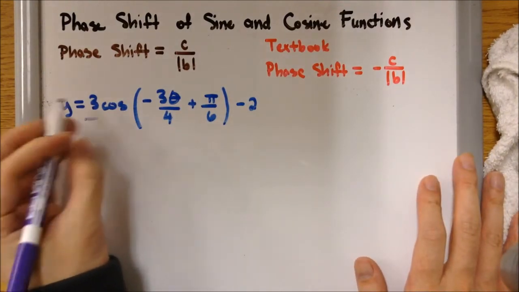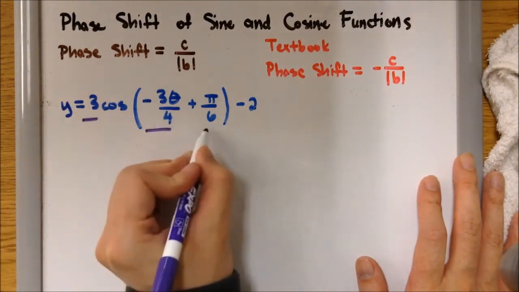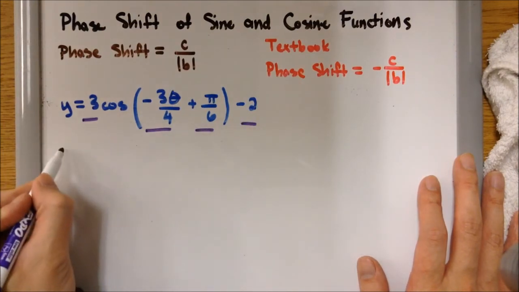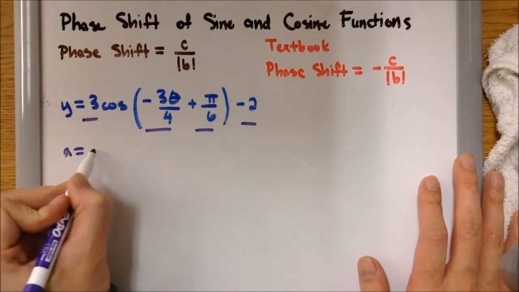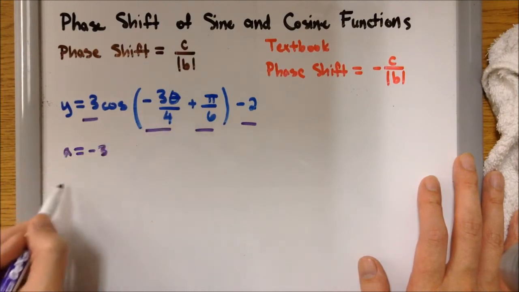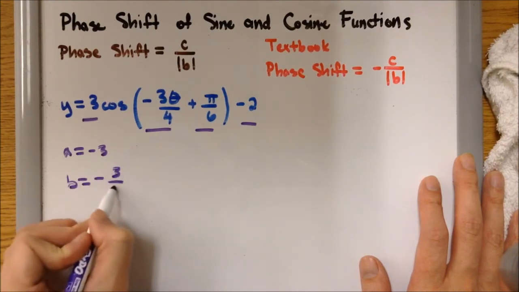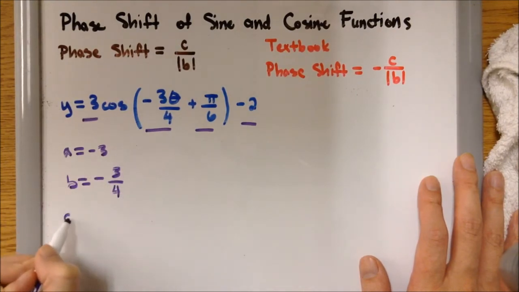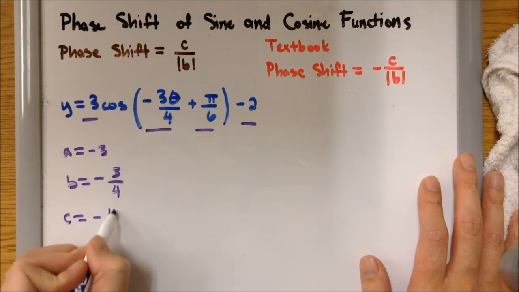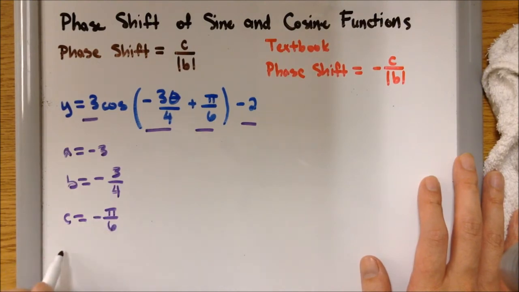So A, B, C, D. A is negative 3. I'm going to factor out the fraction from theta for B, which is negative 3/4. C is negative pi over 6. And then D is negative 2.